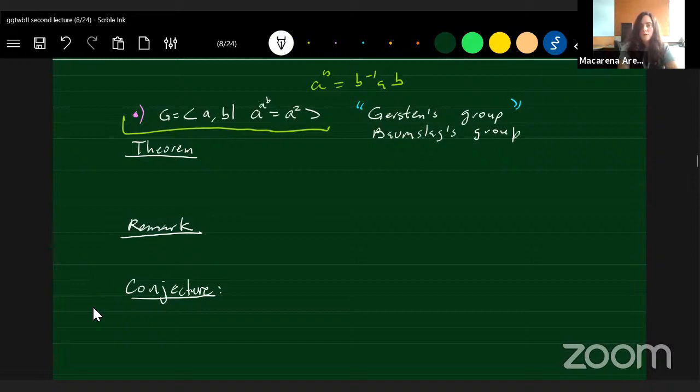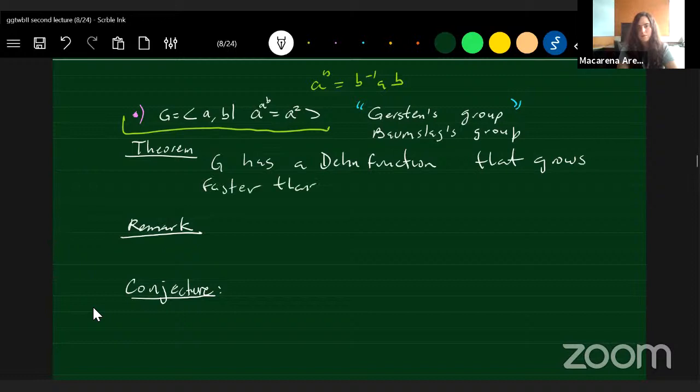And it turns out that this group has a Dehn function that grows faster than any tower of exponentials. So that's a huge Dehn function.